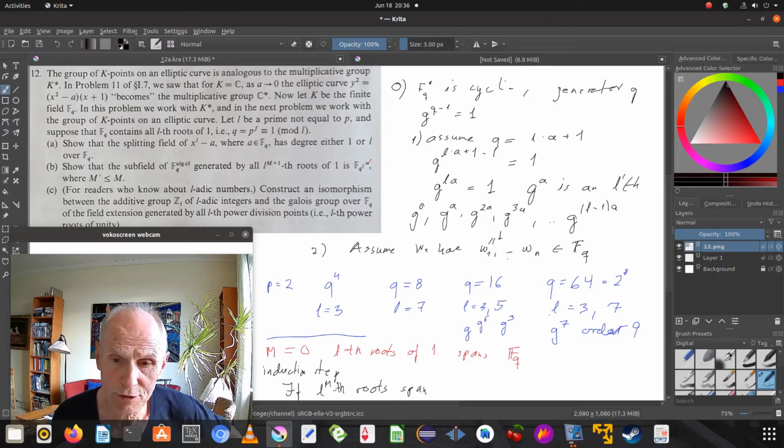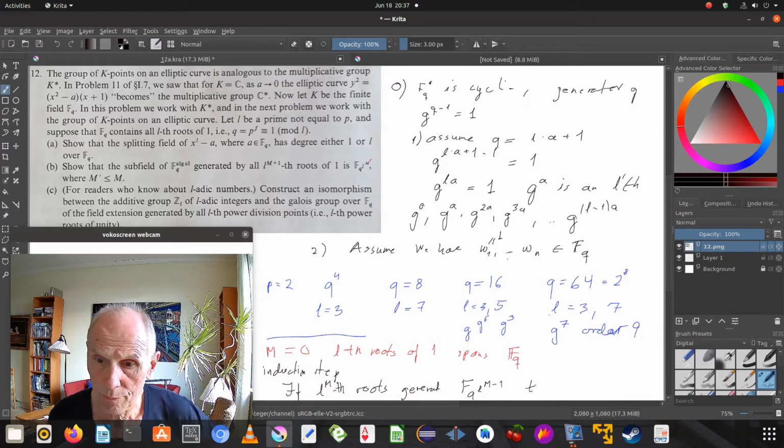Let's write span as if it's a vector space. Generate is probably the more right word. Now I do it again.